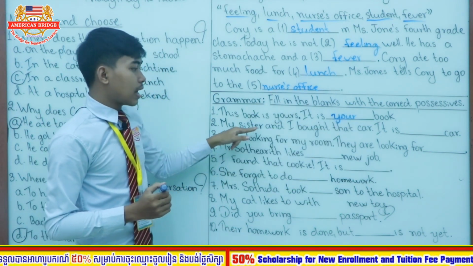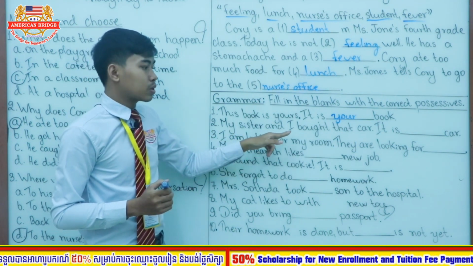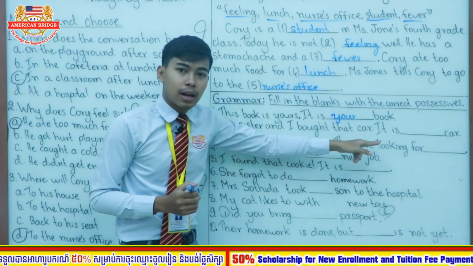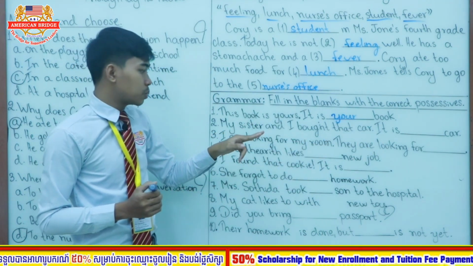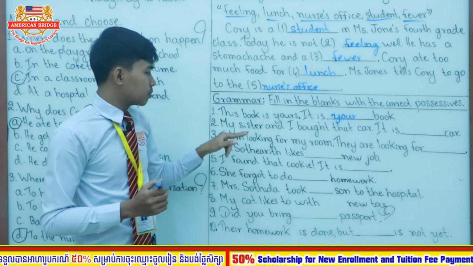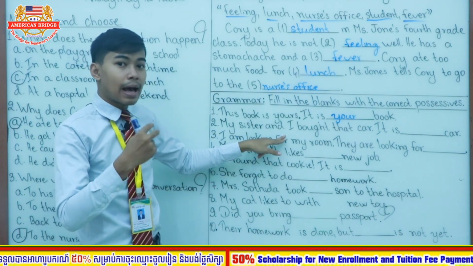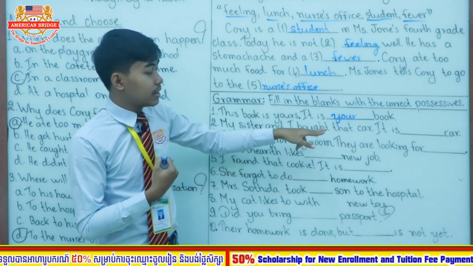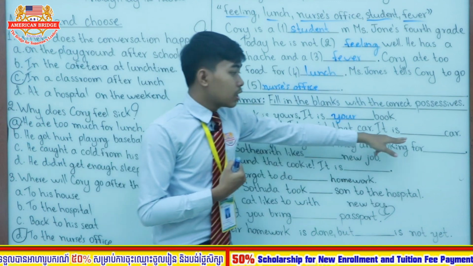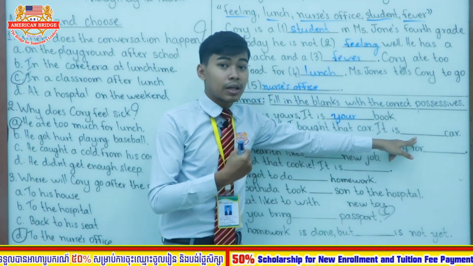My sister and I bought that car. It is blah blah blah car. So what should be the correct possessive in number 2? Look at the subject, my sister and I. How many people? 2 people, right? So here, should we complete with the possessive adjective or with the possessive pronoun?